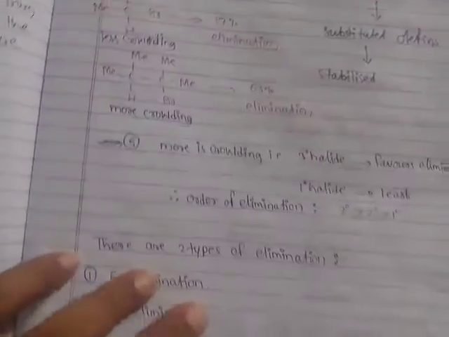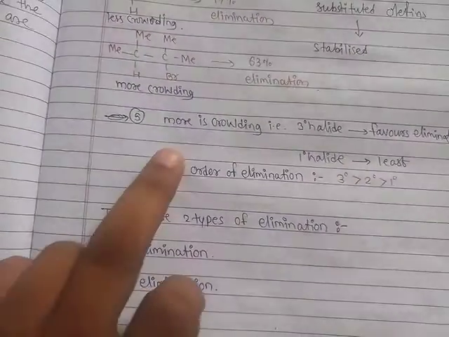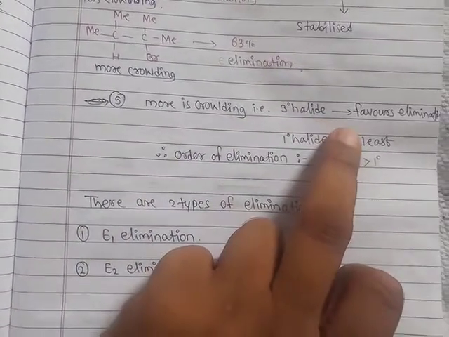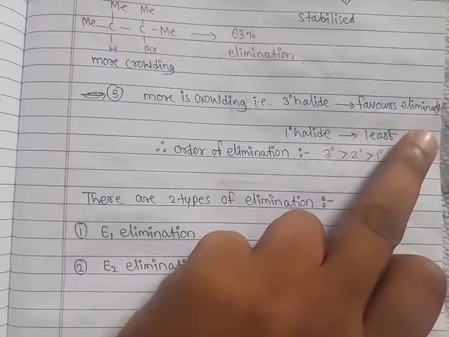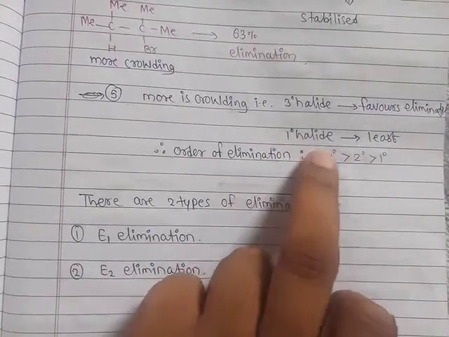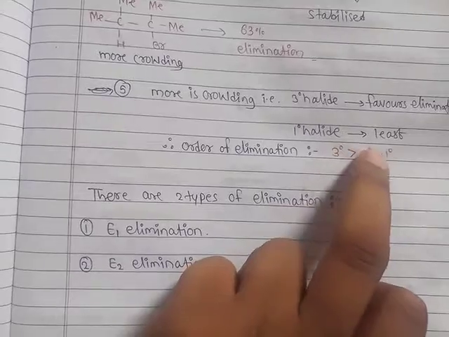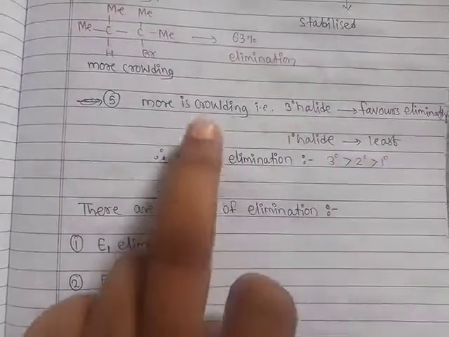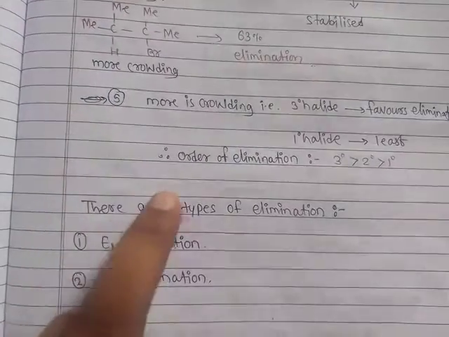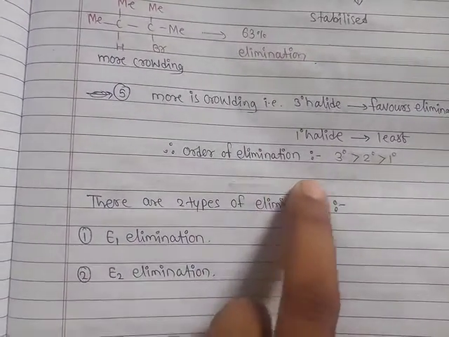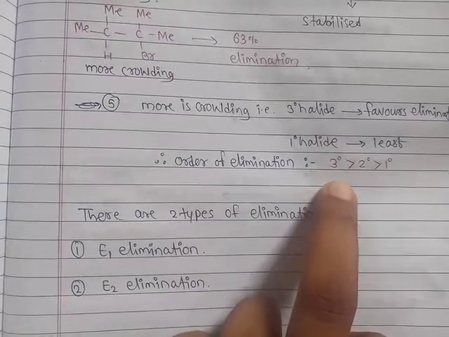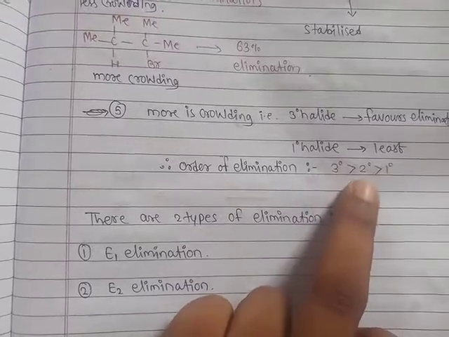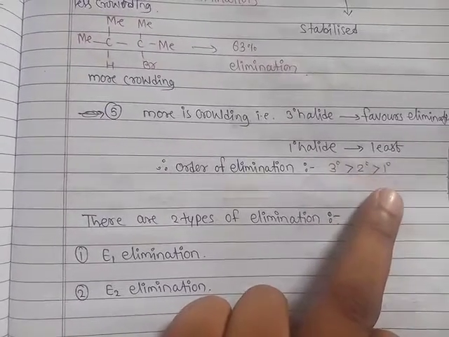Okay, then see friends, the next point: the more the crowding, that is, a tertiary alkyl halide will favor elimination reaction, while a primary alkyl halide will give the least elimination product. So the order of elimination is: tertiary alkyl halide gives more elimination product than secondary, than primary.